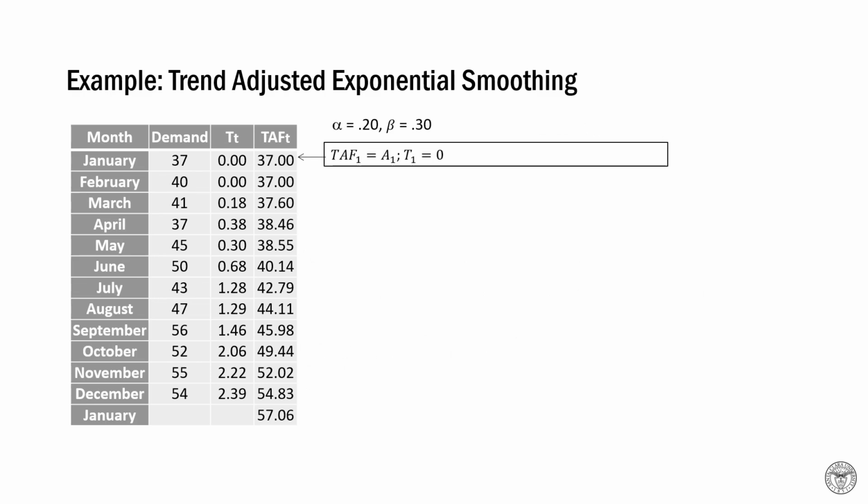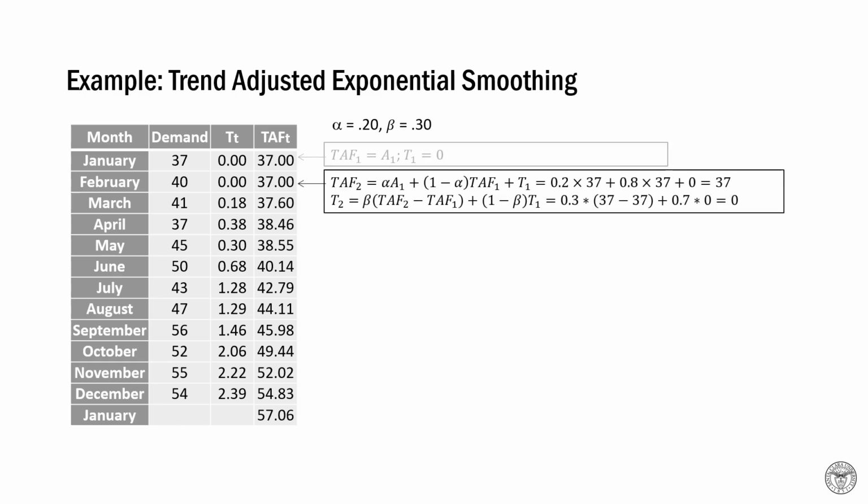In this example of trend-adjusted exponential smoothing, TAF, we are using alpha equal to 0.2 and beta equal to 0.3. To start with, we set TAF sub 1 equal to the actual occurrence A sub 1 and T sub 1 equal to 0.